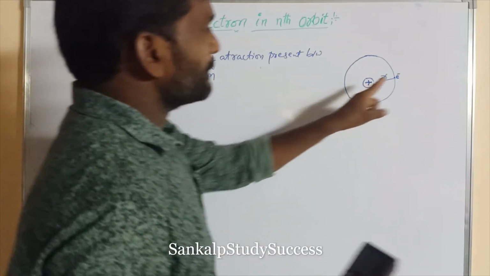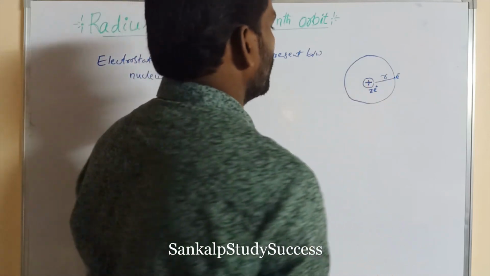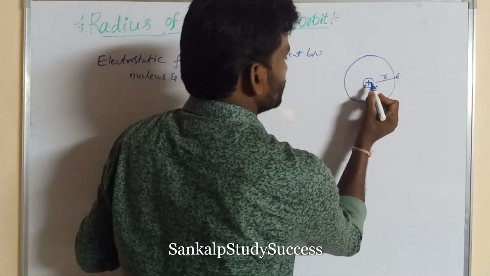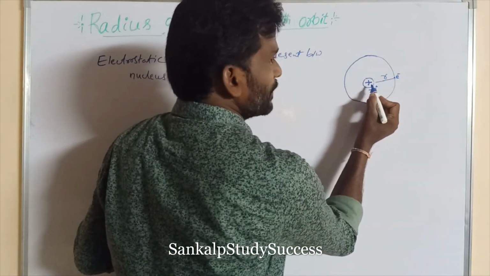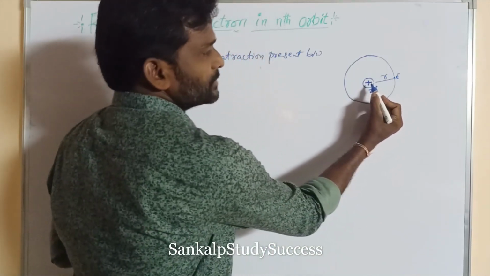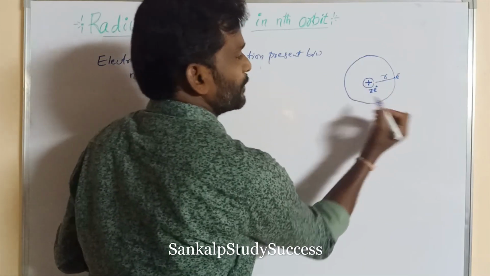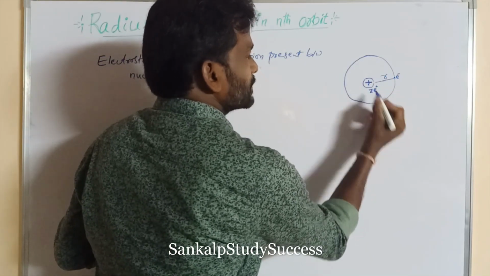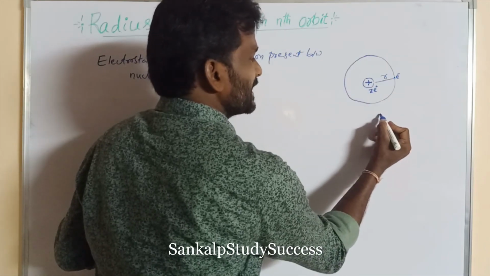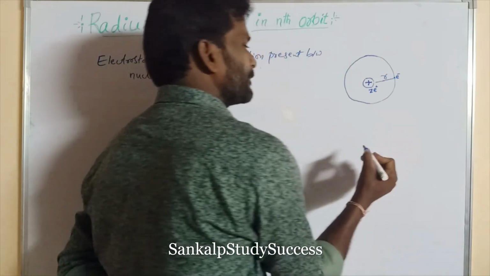The charge of the electron is negative, like e minus. Suppose the nucleus contains protons and neutrons. The charge of a neutron is neutral, like 0, but the charge of a proton is positive. Suppose the nucleus contains Z protons, meaning 2 protons, 3 protons.